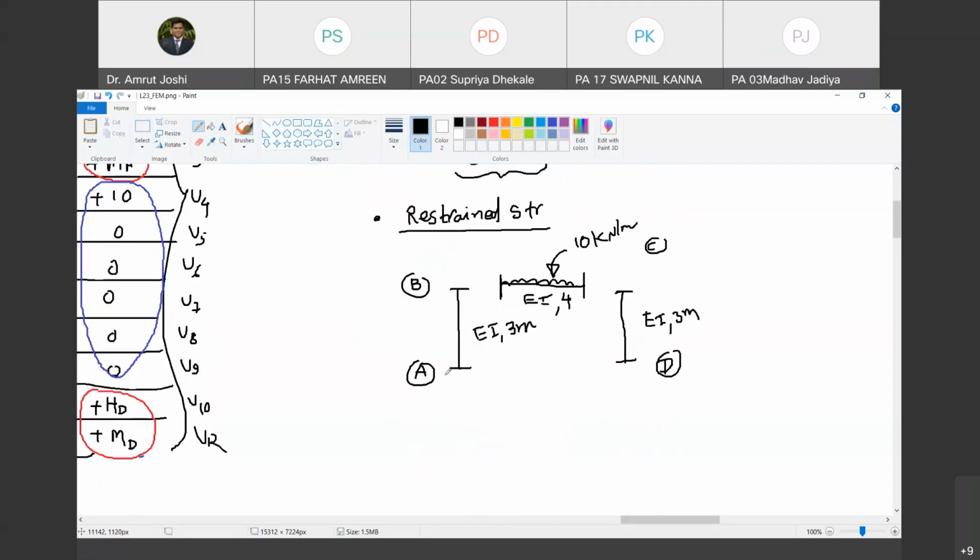Now quickly, what are the various reactions that we can have here? All the reactions for column AB and column CD are going to be zero because there is no member load here. In the restrained structure, the reactions are therefore going to be zero. What about beam BC?